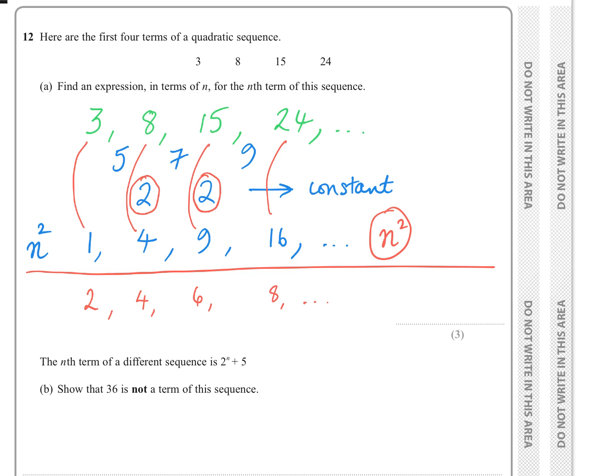So let's have a look at how those numbers change. Well, they all go up by the same amount, which means this is a linear situation. Now, 2, 4, 6, 8 is just the 2 times table, and that can be represented by the 1 times table, which is 1, 2, 3, 4, 5, doubled, so i.e. 2n.